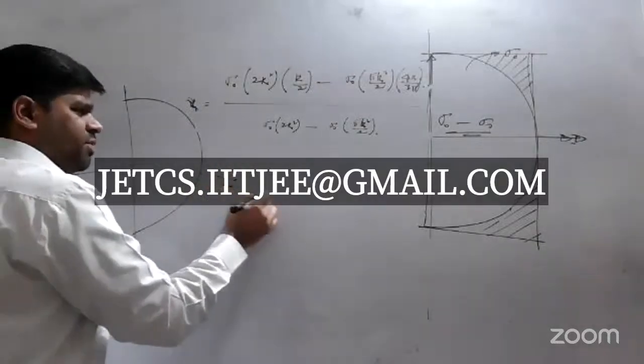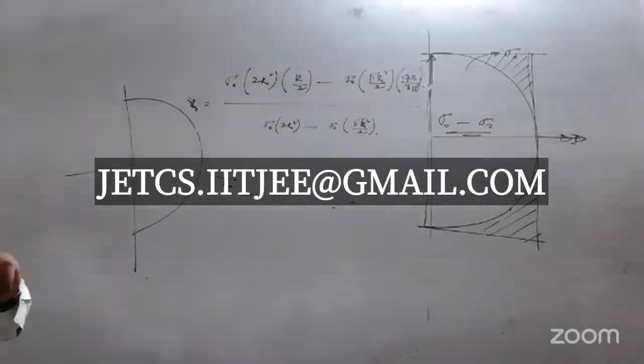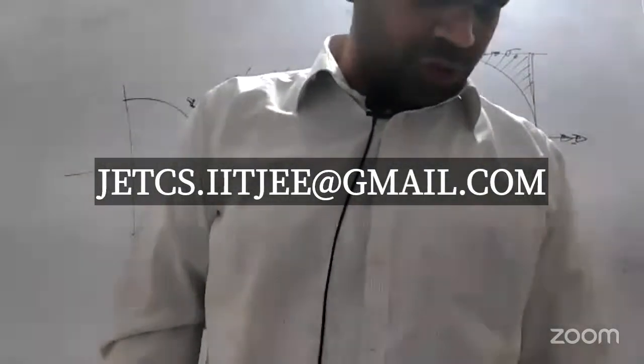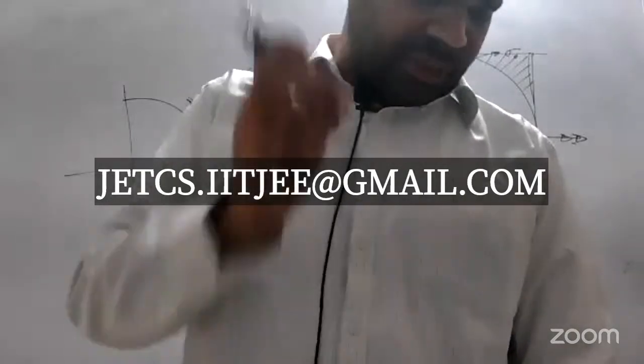Now simplify this and tell me what's the answer. Quick. We also have two more questions to be done. All right, I'll leave these questions to you. I'll go ahead with the other derivation.